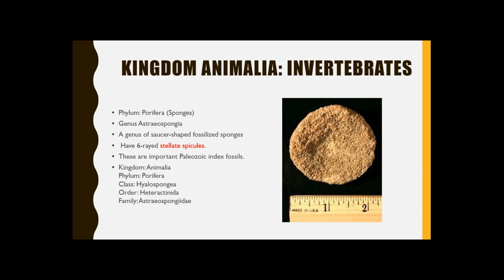And then we went into the invertebrates, and we started talking about the sponges, and we started talking about these things called spicules, which are just projections that stick out of the fossils, and they're actually more prominent in the next photo.